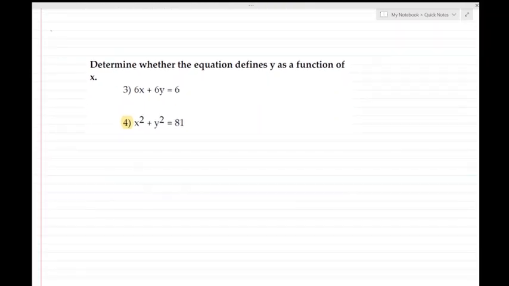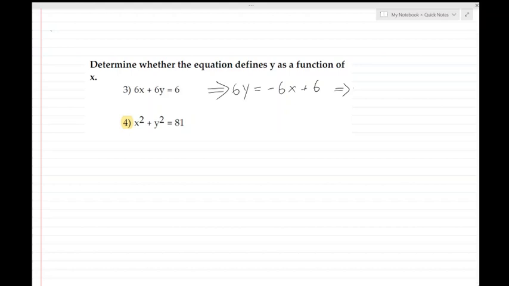Next, we want to determine whether the equation defines y as a function of x. So we have two problems. Notice how in the first one we can rewrite number 3 with y by itself: negative 6y equals negative 6x plus 6.